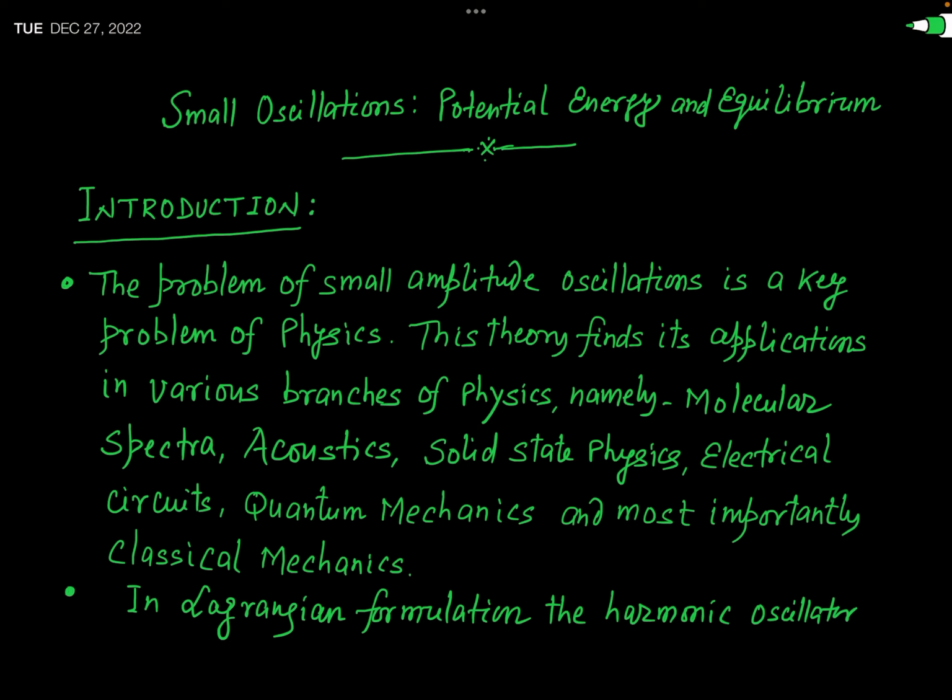In electrical circuits, you study the LC oscillation. In quantum mechanics, this is a very important problem. While studying quantum dynamics, the linear harmonic oscillator, the matrix formulation of quantum mechanics and several other places, you find the problem of small oscillation.